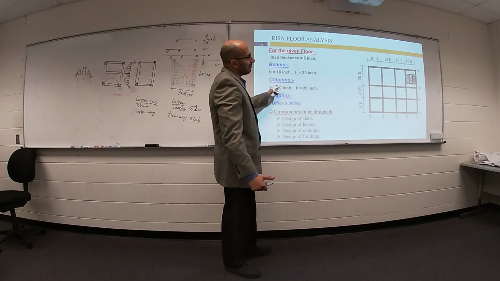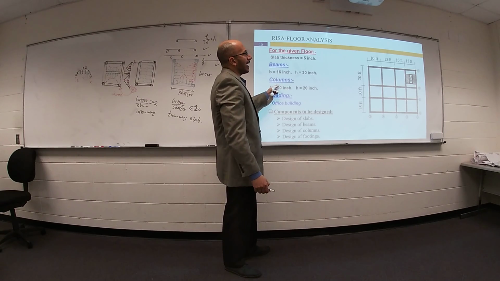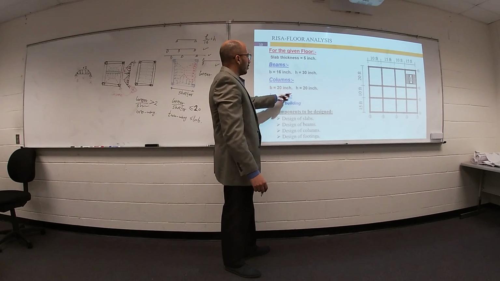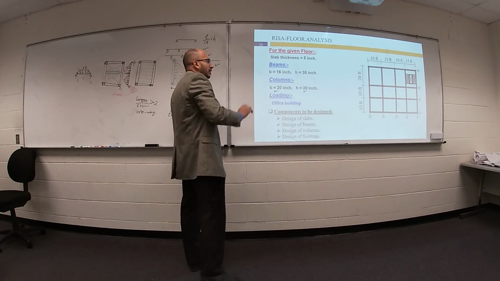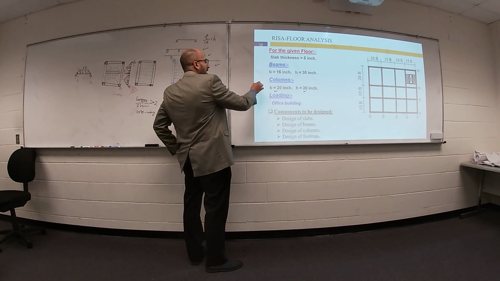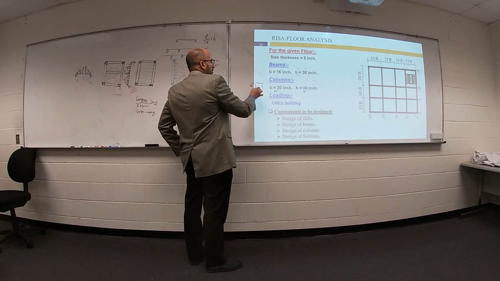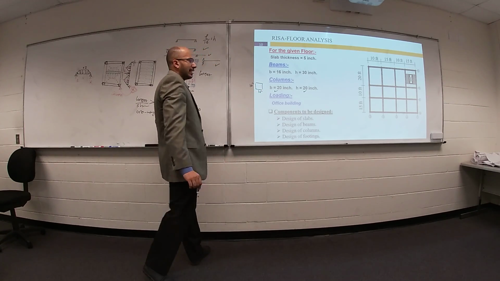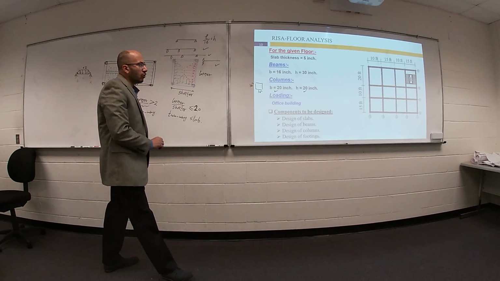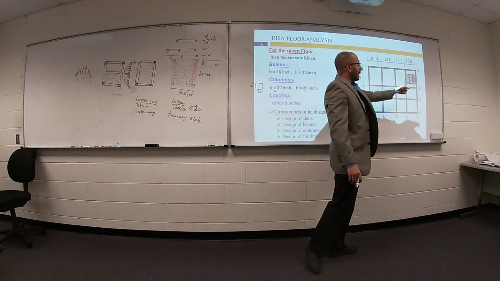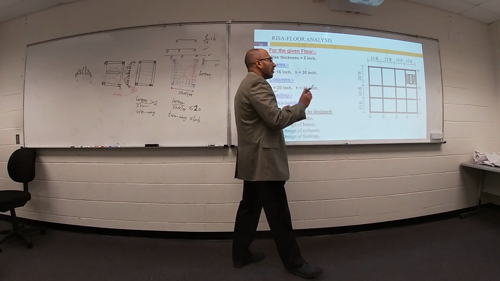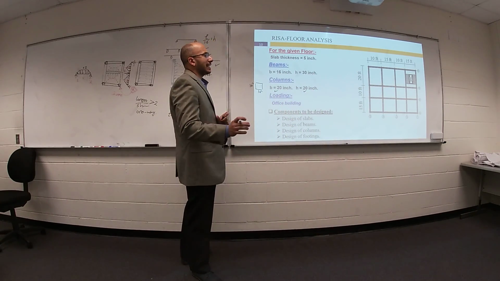Your column, I have no idea how I can figure out the dimension of my column, so you can assume any dimension, like 20 times 20. But the minimum cross-section for a column is 10 inch by 10 inch, or 8 inch by 8 inch, if you remember. Your loading, hey, this building is an office building. This building is architecturally designed as an office building.